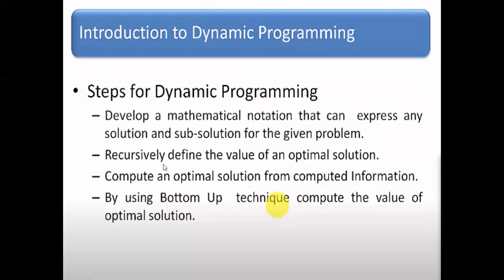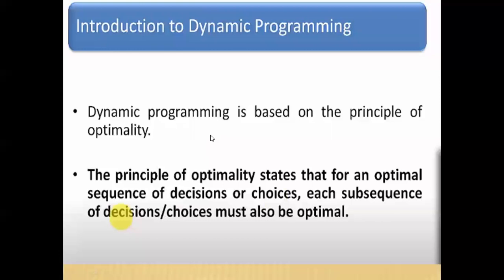Next, recursively define the value of the optimal solution, considering every time from the first step, the first decision. Next, compute the optimal solution from the computed information using a bottom-up technique. That is the bottom-up procedure; you must calculate the mathematical expression.